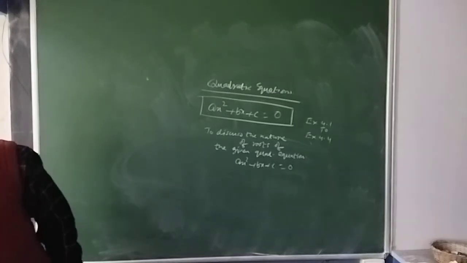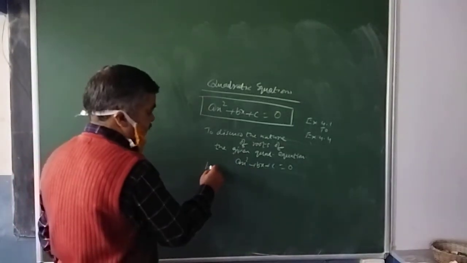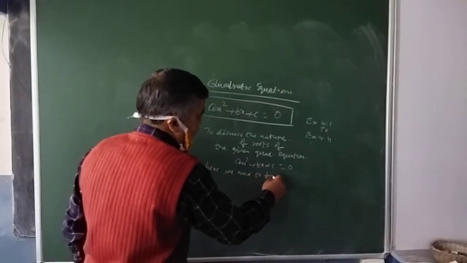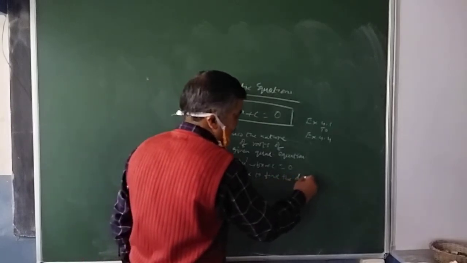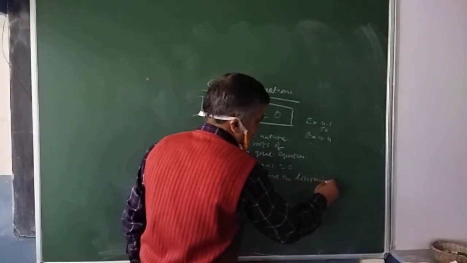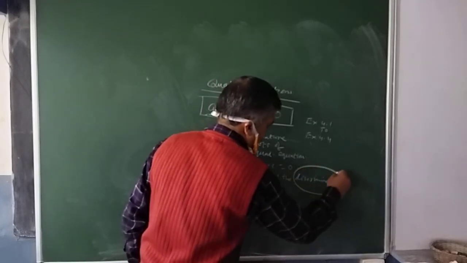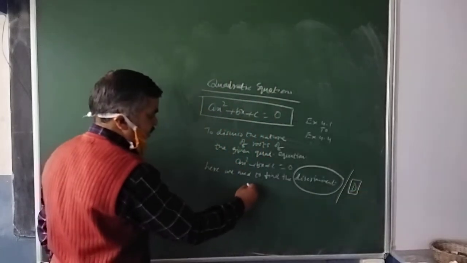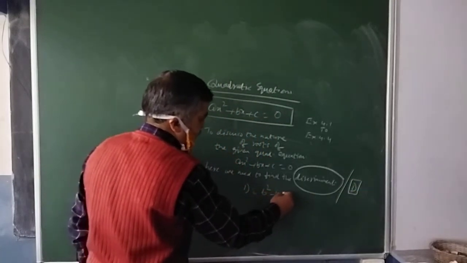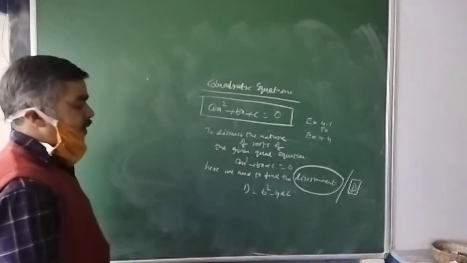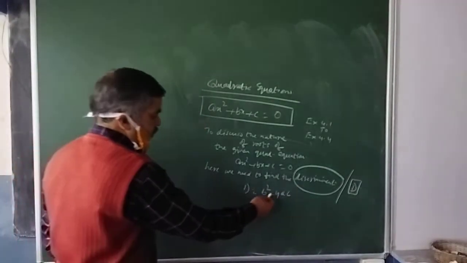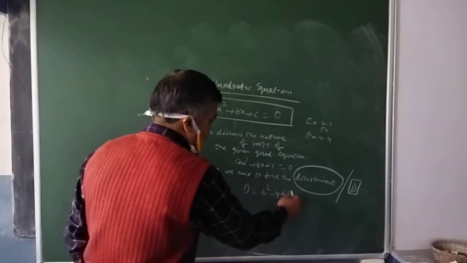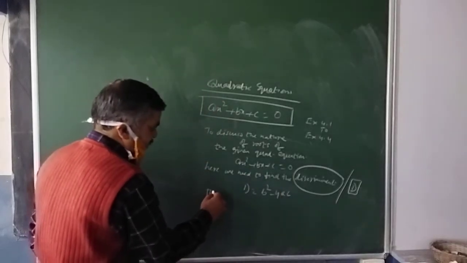So here you need to find the discriminant, denoted by D. What is this? D is equal to b square minus 4ac. So once you have substituted the value of a, b and c from here, three possibilities you will be finding.